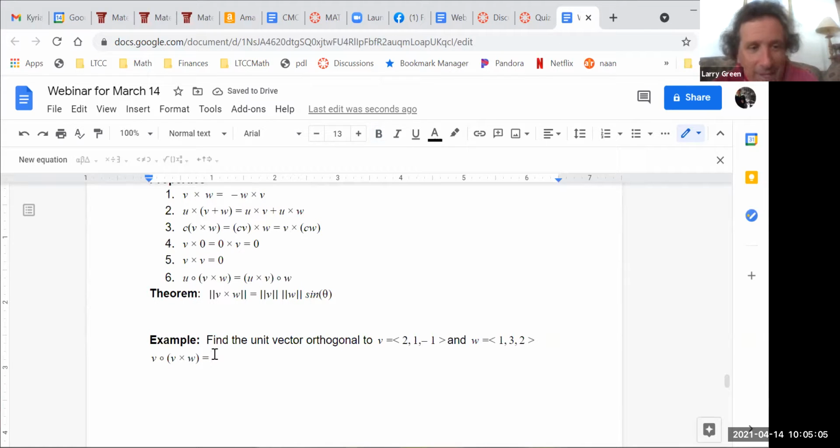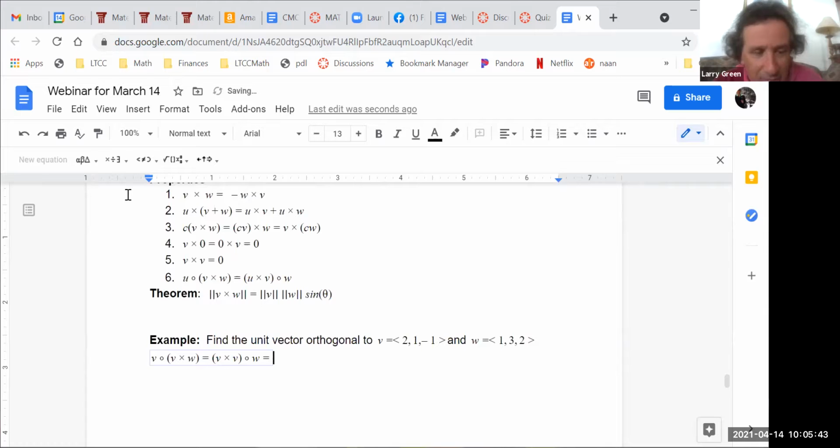So V dot V cross W is equal to V cross V dotted with W. What's V cross V? Zero. And 0 dot anything is 0.